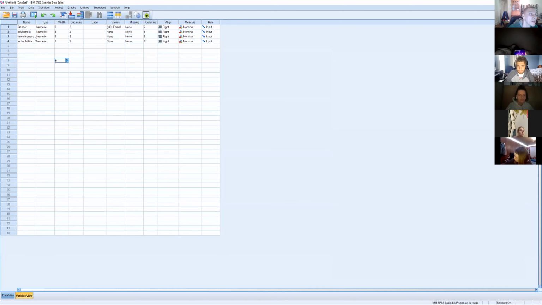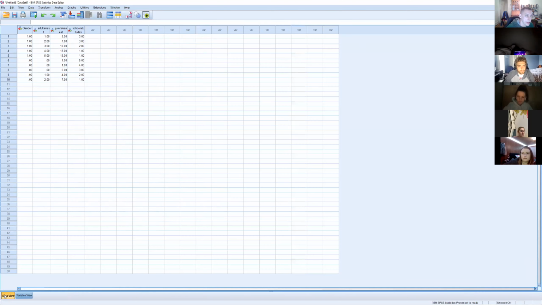Okay, so this is the data set that I cut and pasted directly from Moodle into SPSS. I just named these variables gender, adult arrest, juvenile arrest, school attitude, and here they are in data view.